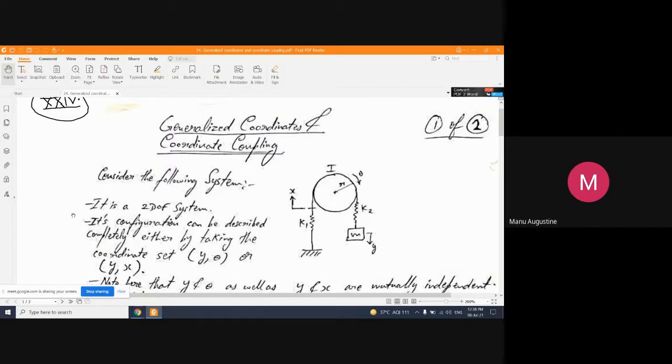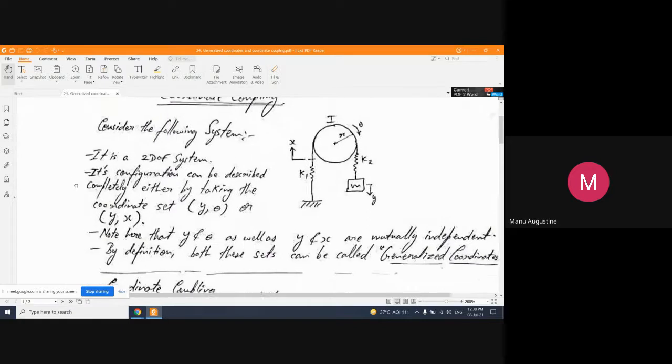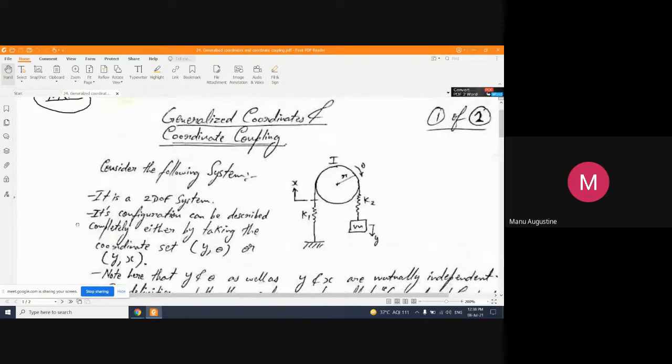And nobody should ask me right now, what are the variables or what are the coordinates? You just mention that these many numbers of coordinates would be required to specify the configuration. So this is the story of degrees of freedom. And I think we have covered sufficient ground as far as the proper definition of generalized coordinates goes.